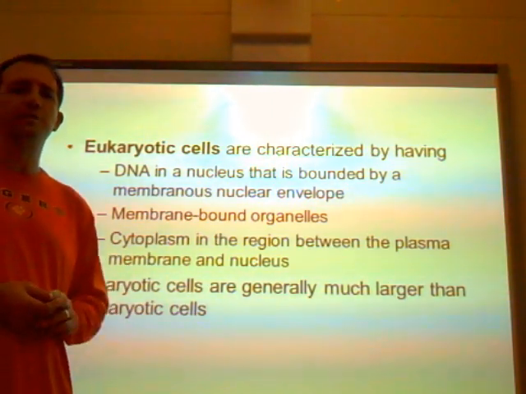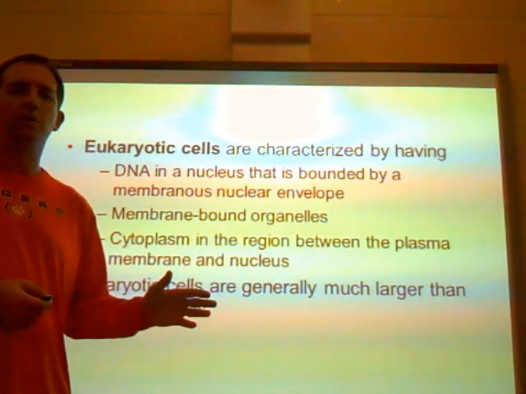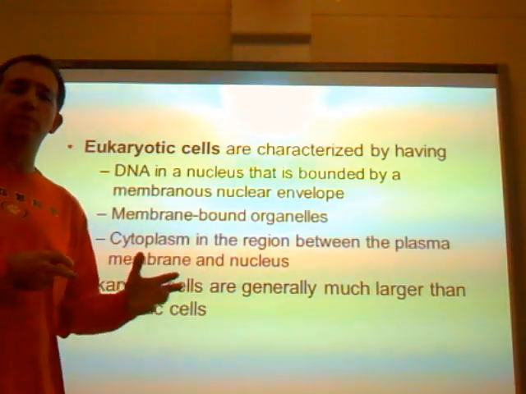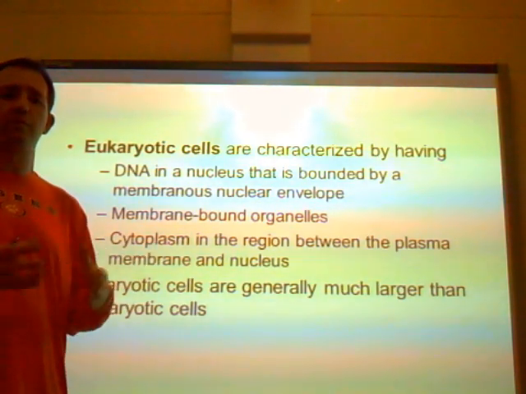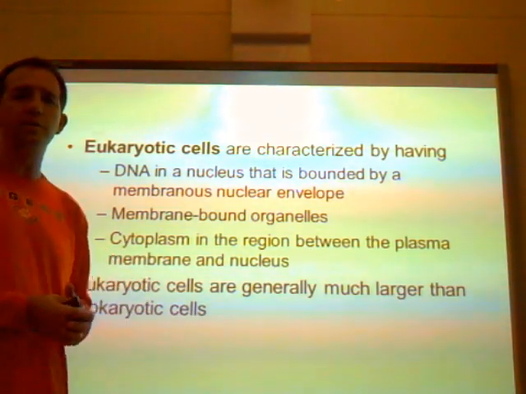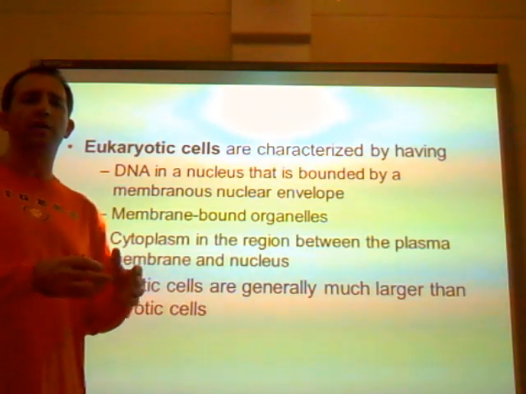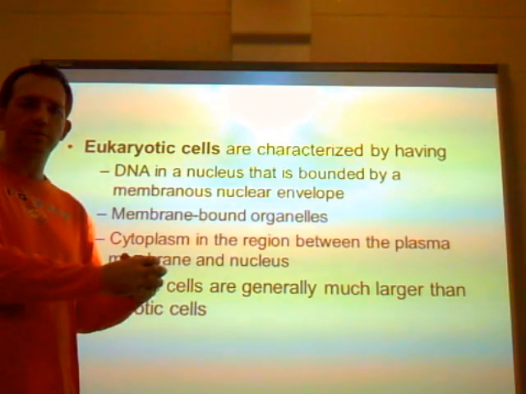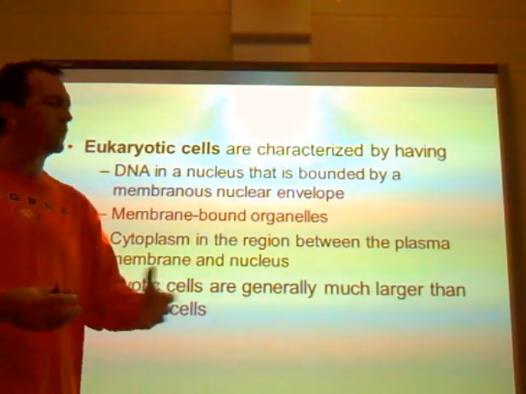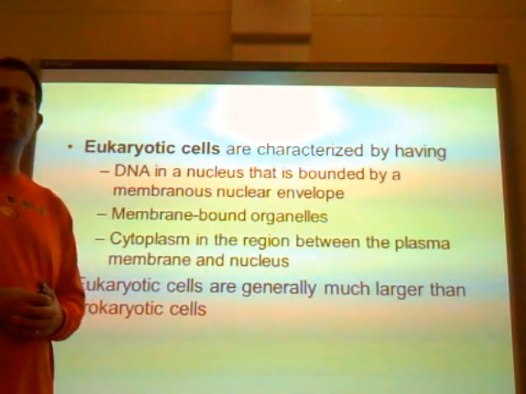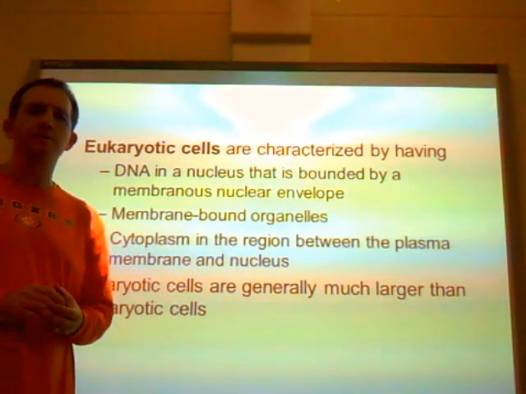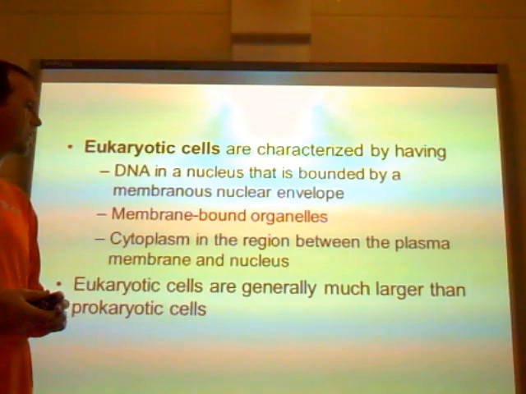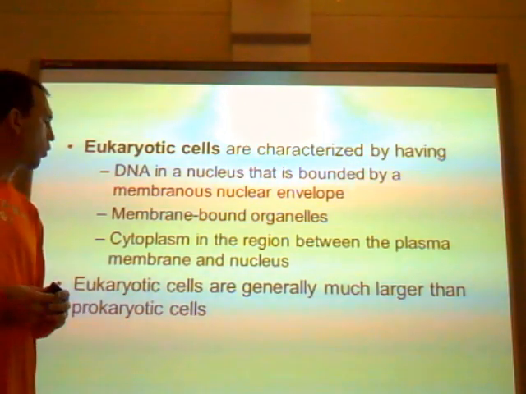This membrane is very similar to the cell membrane that goes around the cell, but only instead of dividing cell from cell or cell from extracellular material, we're dealing with a membrane that is going to separate the inside of the nucleus from the cytosol or from the cytoplasm. Membrane-bound organelles, this is where we get into discussions of things like Golgi apparatus, mitochondria, and those various types of organelles.